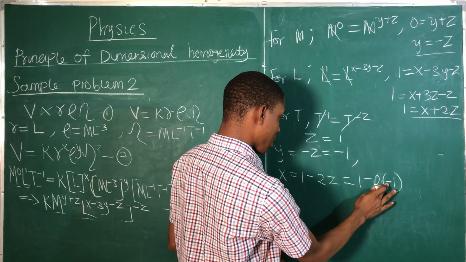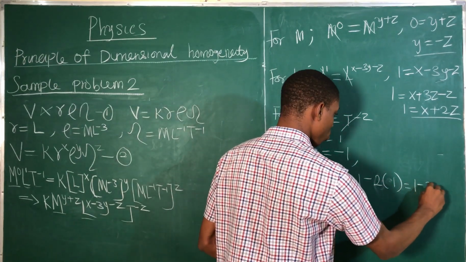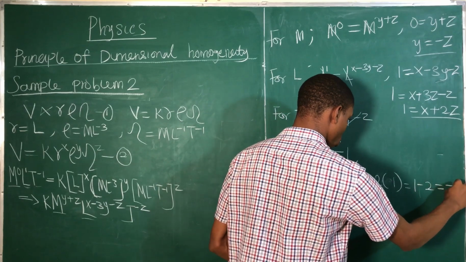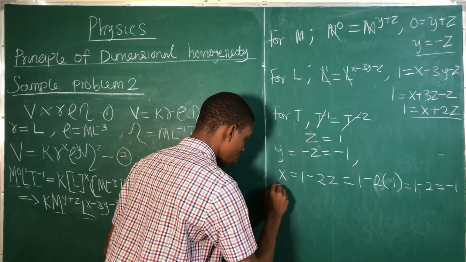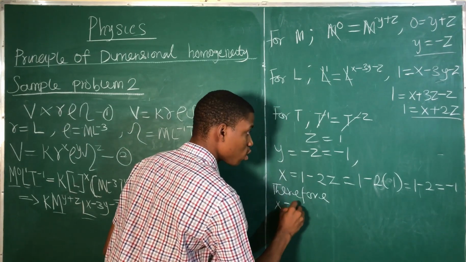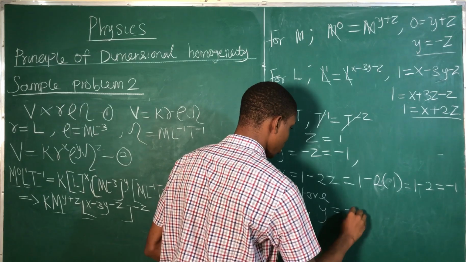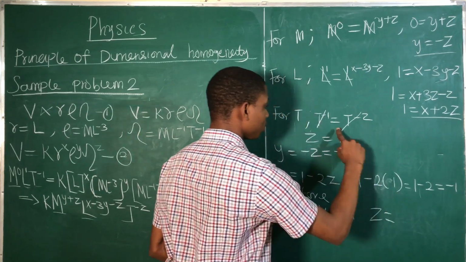Sorry, we say z is 1, right? So this becomes 2 into 1, which is 2, and 1 minus 2 is minus 1. So x equals negative 1, y equals negative 1, and z equals 1.